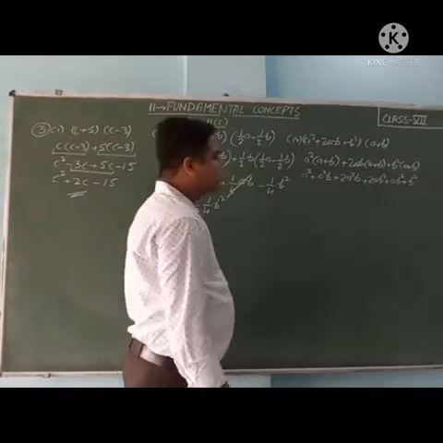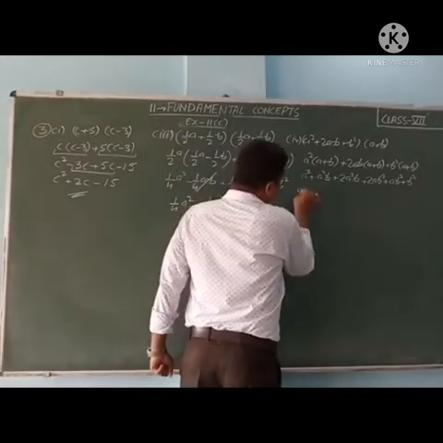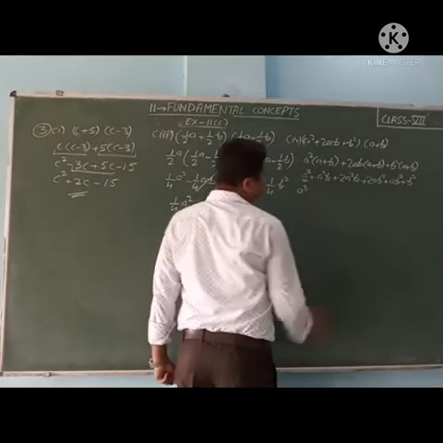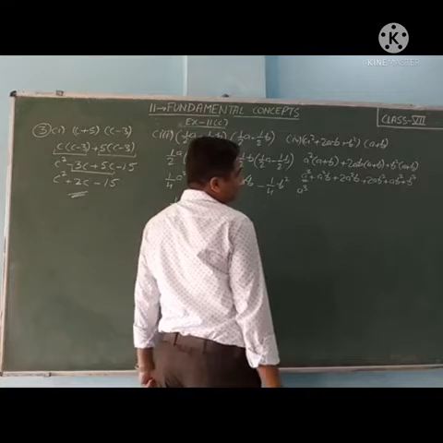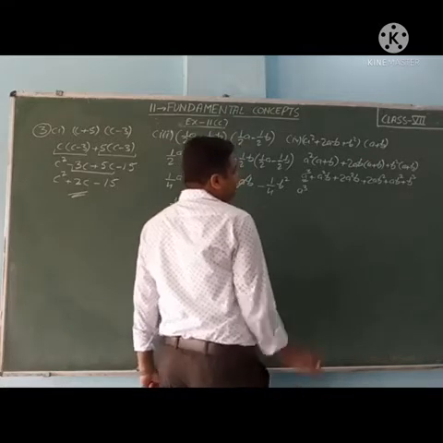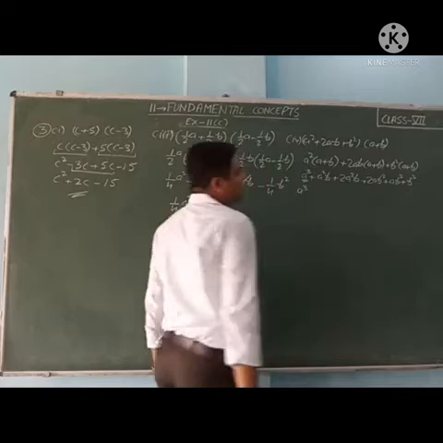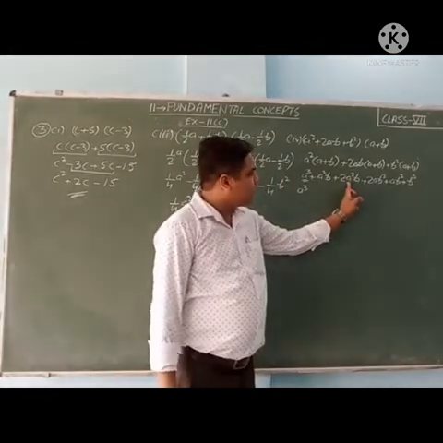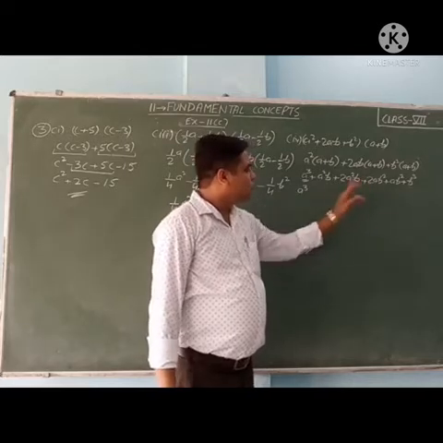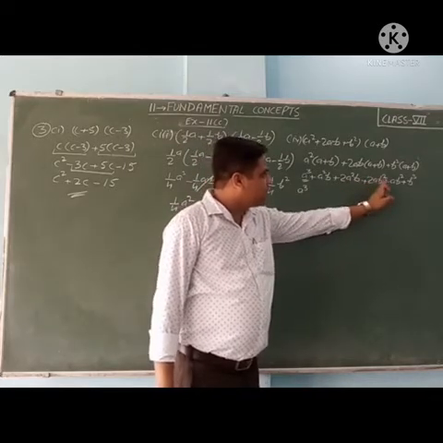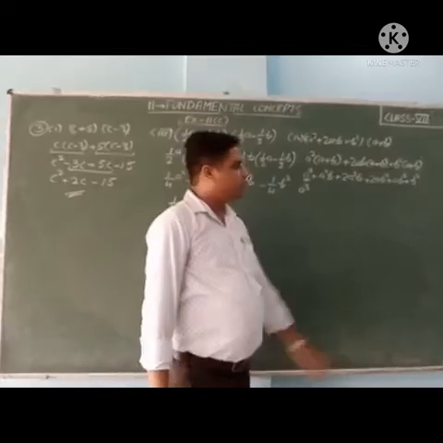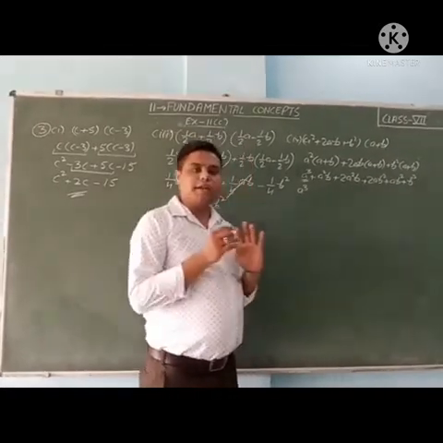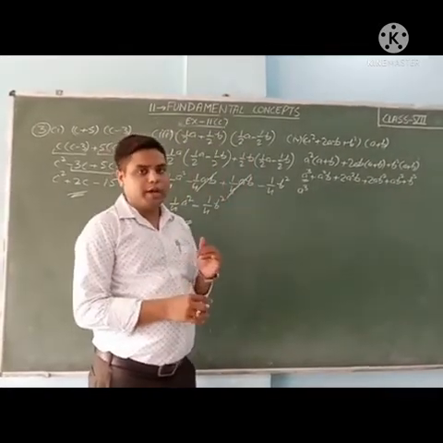Now we will see the like terms. a cube, any other a cube? No a cube. Then a square b, any other a square b? Yes. This a square b, any other? No. Then ab square, any other ab square? Yes. So terms are already arranged according to the like and unlike.